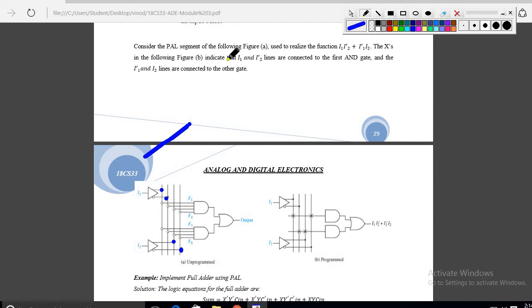Here in this case, I1 and I2 bar are connected to the first AND gate. The I1 bar and I2 are connected to the other gate. In this way they have made some connections. So for the construction of this one, we have to show it like this.